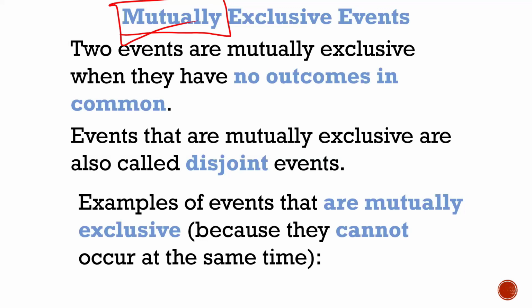So two mutually exclusive events would be the Chiefs win and the Super Bowl is canceled or postponed. Those would be examples of disjoint events. The occurrence of one precludes the other. Some are pretty straightforward. Another example of mutually exclusive events: I flip a coin once and get a head, or flip a coin once and get a tail. Those are mutually exclusive events.